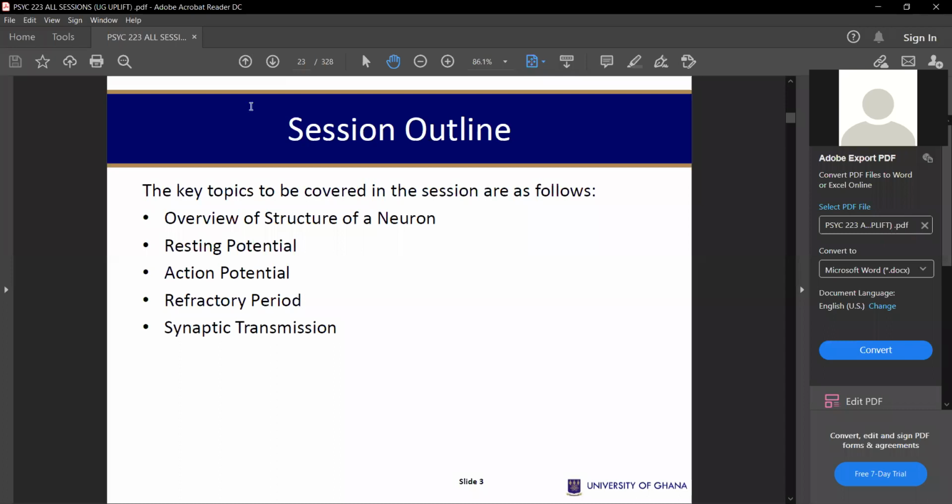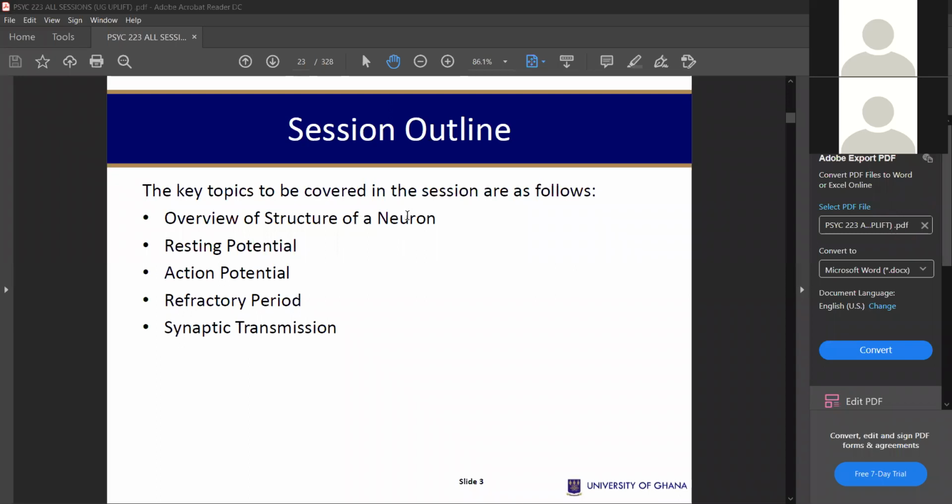Okay, Jemfua, your hand is up. Yeah, so I think if I get it right, saltatory conduction is when action potential moves from one node of Ranvier to another in a myelinated axon, right? Exactly. That's what saltatory conduction is all about.